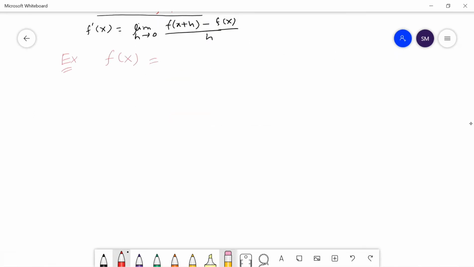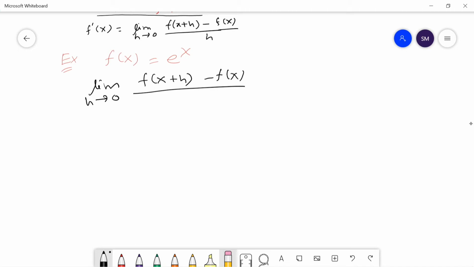Next, f of x is equal to e to the power x. To find the derivative, we have to do this limit h tends to 0 of f of x plus h minus f of x over h. This is equal to limit h tends to 0 of e to the power x plus h minus e to the power x over h.